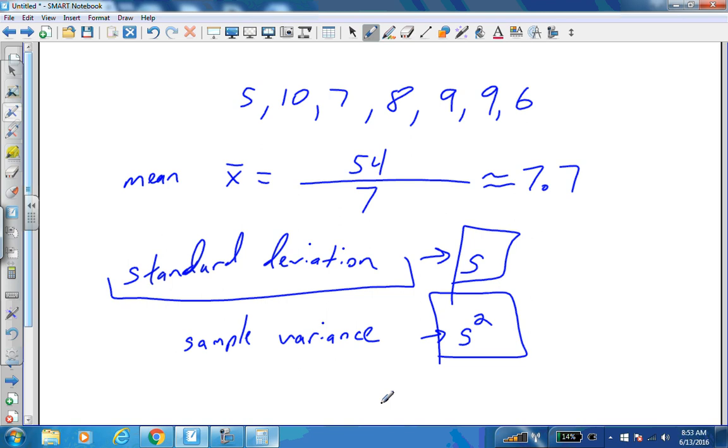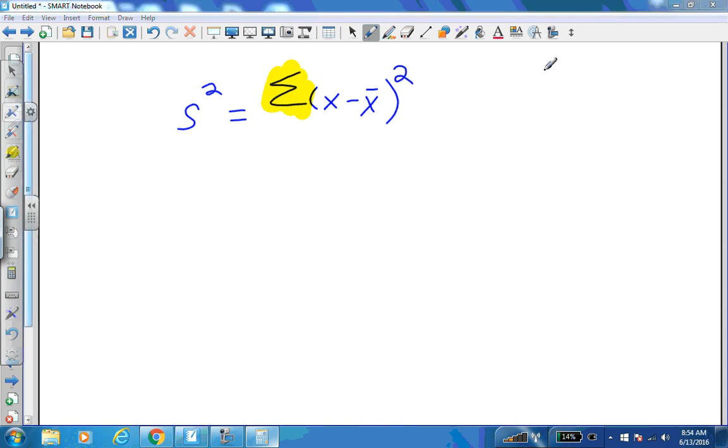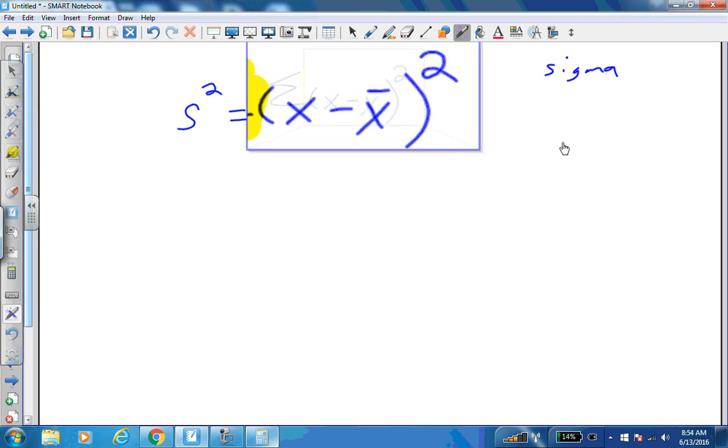Now there are 2 formulas that we could use to calculate variance. The first one that the text shows is they tell us to find the deviation of each data point and square that deviation. In this notation here, that's called sigma. It means to add all of those up, and we'll illustrate what that means in a minute. So add up all of the deviations squared.